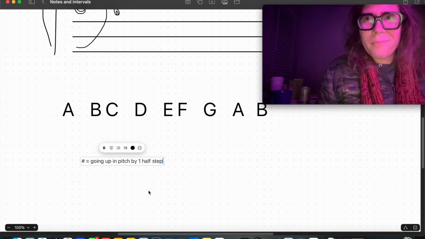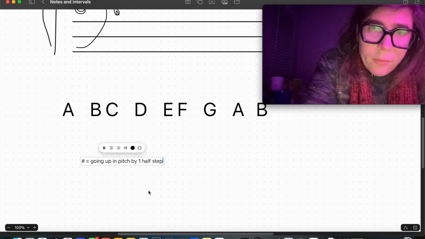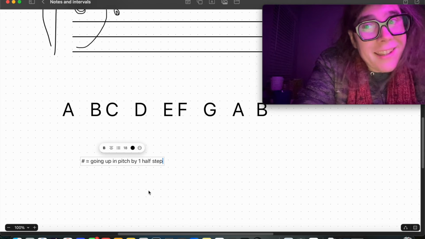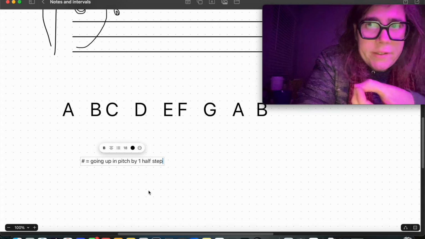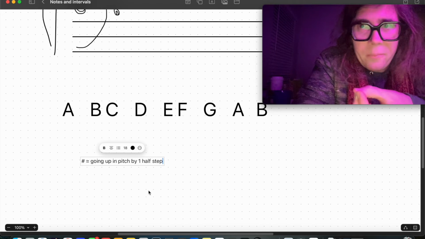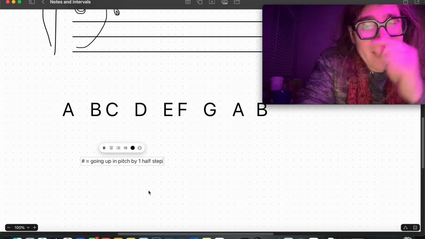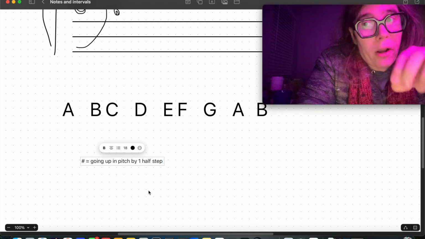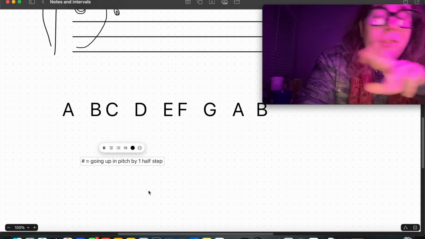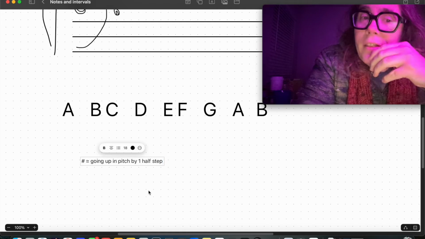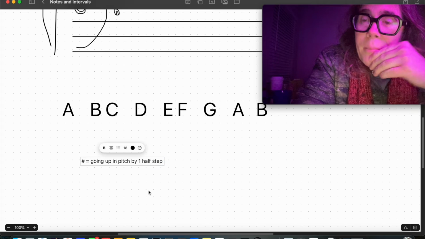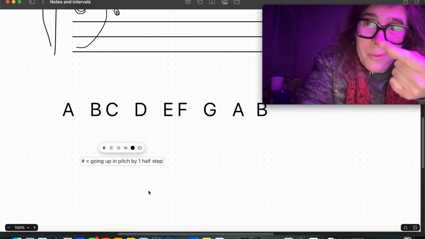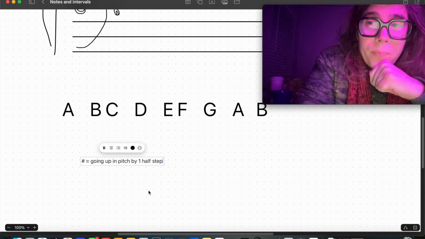What's a half step? Well, if we had a keyboard in front of us, a half step would be the shortest distance from one key to another, whether it's a white key to a black key or a white key to another white key that are right next to each other with no black key in the middle. A sharp means we're going up to that next half step.